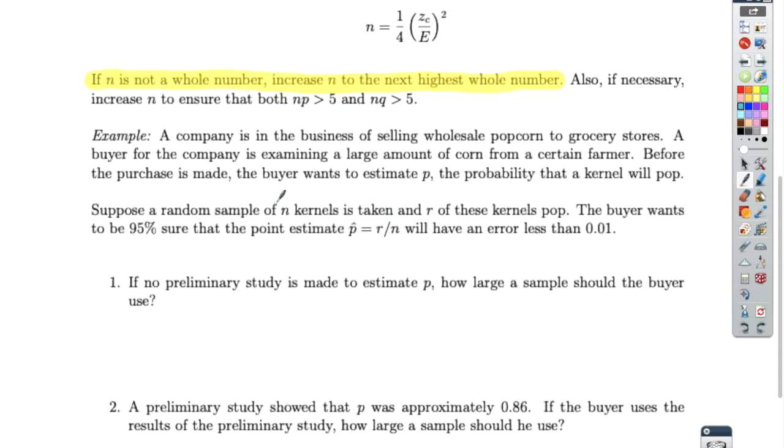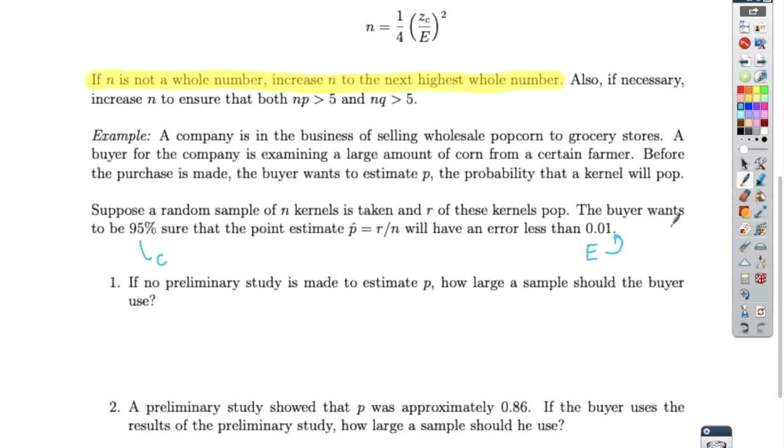Suppose a random sample of n kernels is taken and r of these kernels pop. So r successes, meaning they pop, in n total trials. The buyer wants to be 95% sure, there's our confidence, that the point estimate given by r over n will have an error less than 0.01. So there's our error.